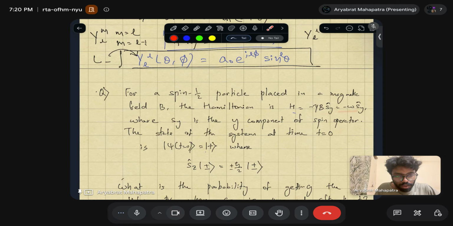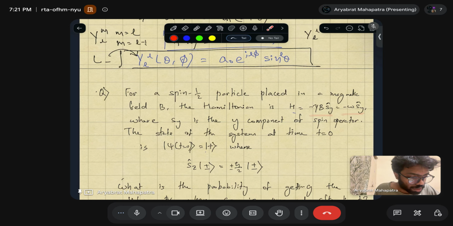This is something, if you remember from your electrodynamics, if you recall your basic concept of electrodynamics, any charged particle, when it is placed in a magnetic field, you can express it in terms of the angular momentum.